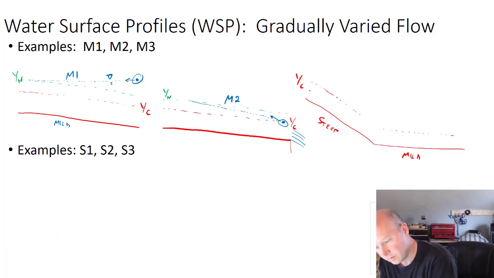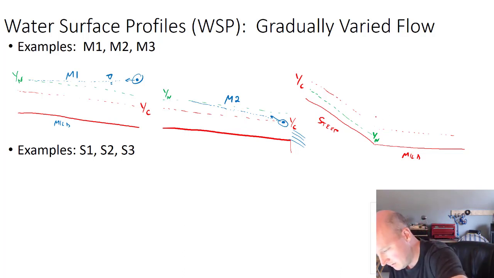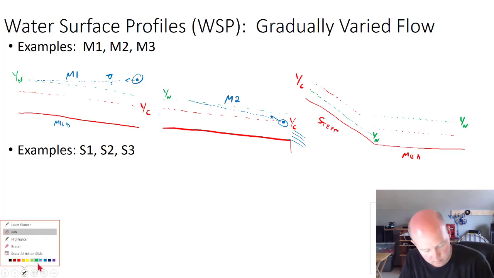Normal depth does. So in the steep section, normal depth is shallower than the critical depth. And in the mild section, normal depth is deeper than the critical depth. And I'll show you how to calculate these, so don't sweat that part yet.